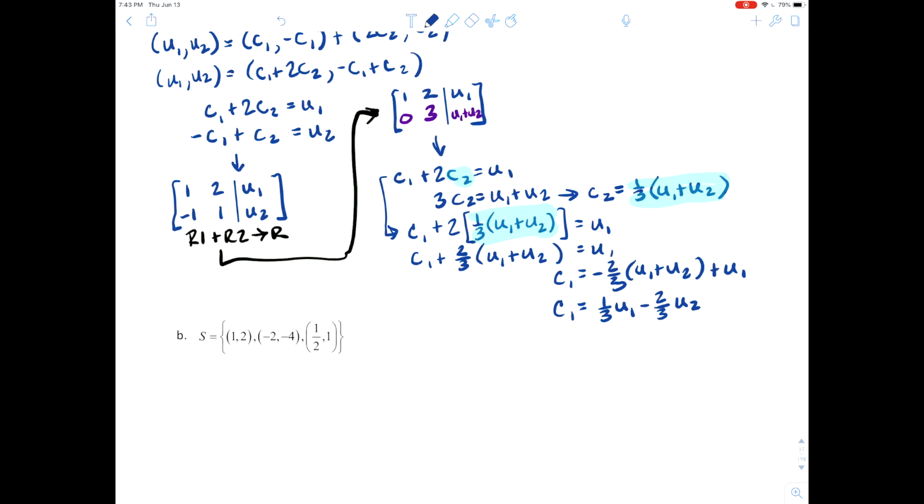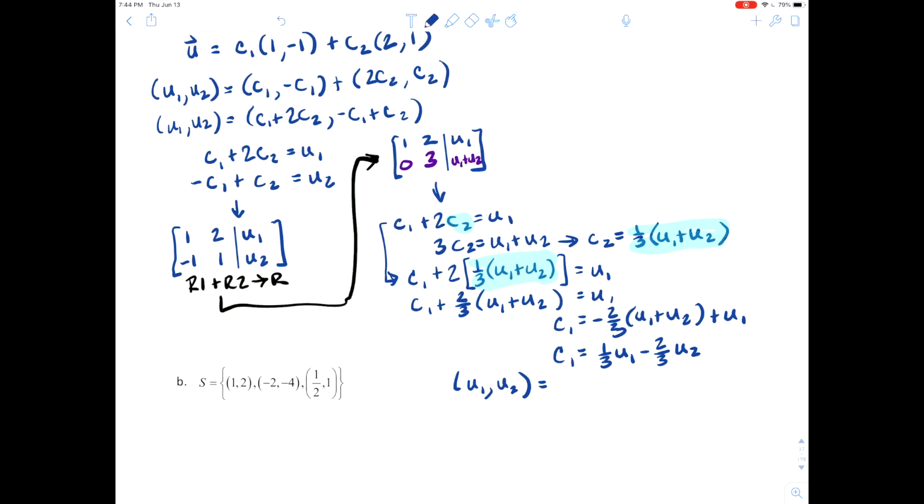We found that U1, U2, which is our vector U, is equal to C1 times that first vector, so 1/3 U1 minus 2/3 U2 times the vector 1, -1, and then for C2, plus 1/3 times quantity U1 plus U2, all of this times the vector 2, 1.